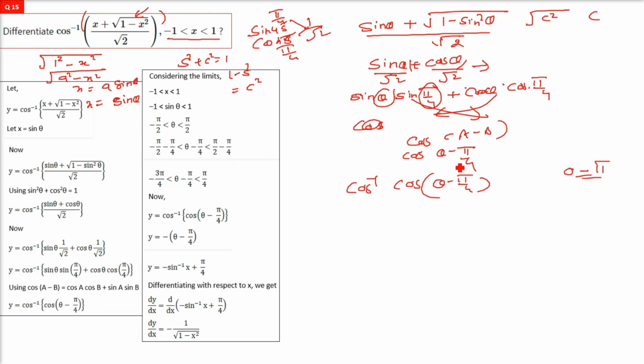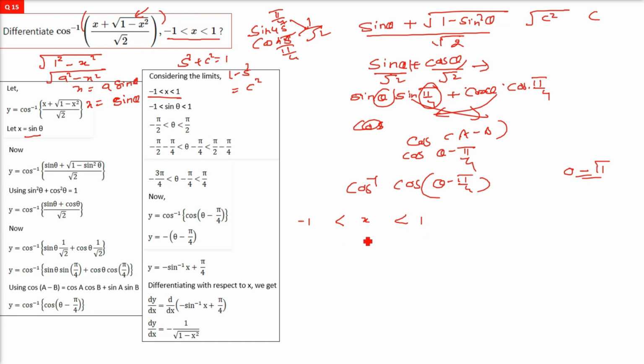So what to do? You will see in this question, if you don't consider negative 1 to 1, what will be the problem that is going to arise? Because you will not get the proper solution here. Because see, minus 1 and 1, this is where the x should be, with 1 and minus 1 not included, please remember.